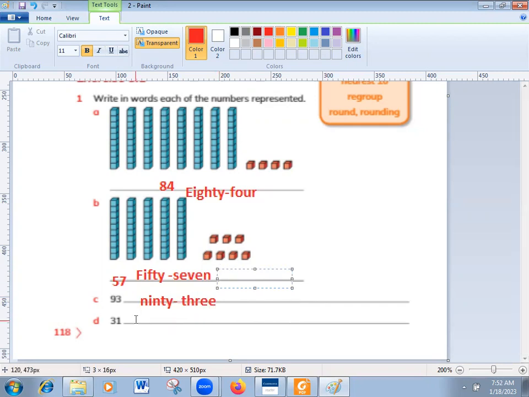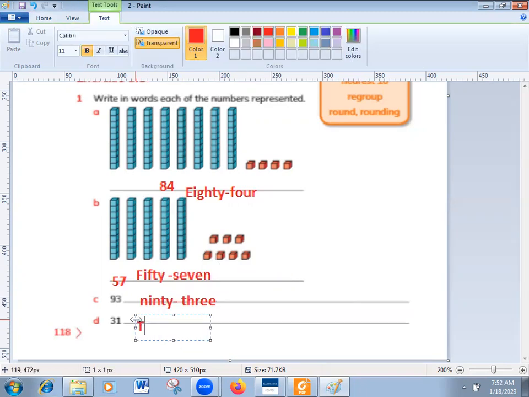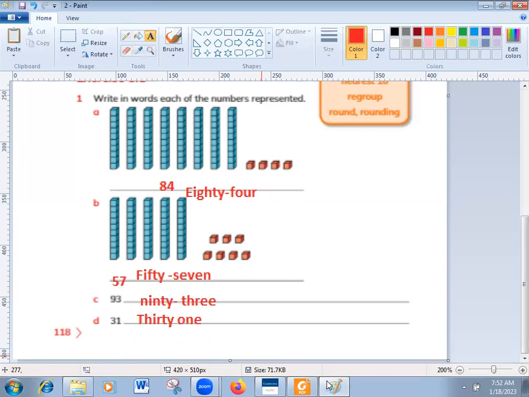Okay, so the last one, part D, is 31. So let's write it in words. 31.